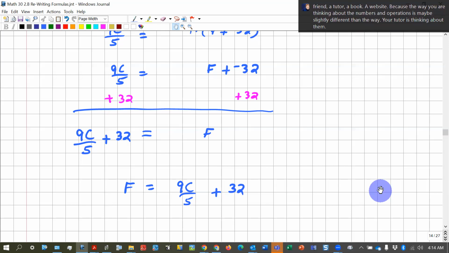And in these kind of problems where we are rewriting formulas to get a different variable by itself, those kinds of different ways about thinking about the problems can come up in the middle of a problem, and it makes it a little bit hard sometimes when you're chatting with someone else.